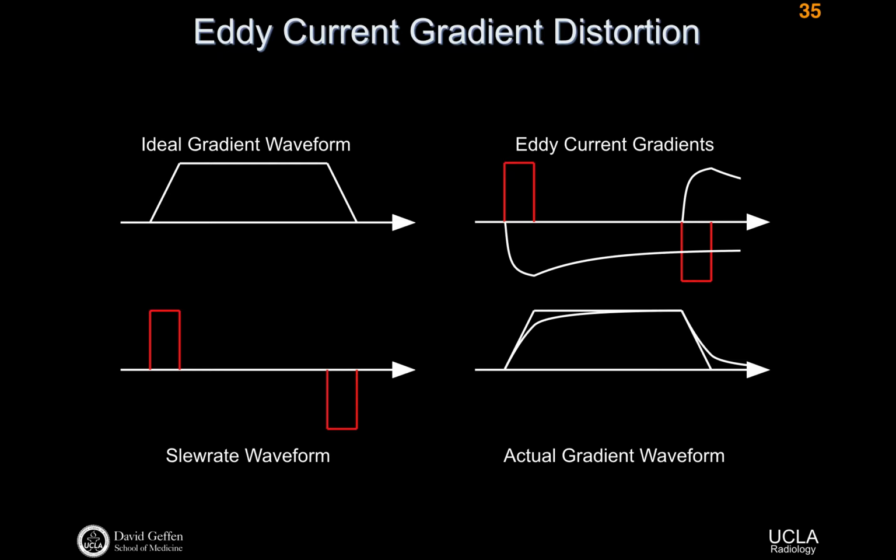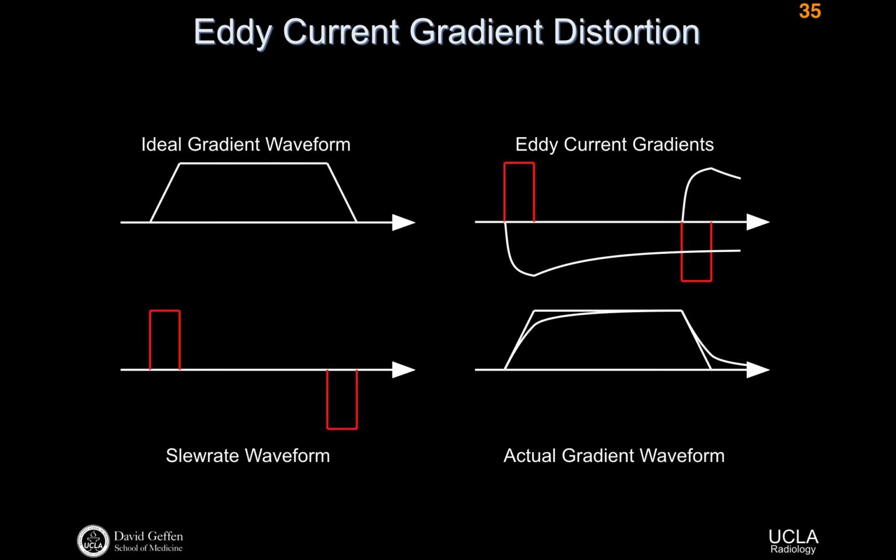So what we're imagining is that for some reason it's only this gradient that generates an eddy current. Okay? Let's not worry about gradients that come afterwards, right? And yet I still have to do some kind of readout, right? So I have a readout pre-phaser, and then this is my readout gradient. If there's something imperfect, if eddy currents cause one of these in particular, right? So let's just talk about the top phase encoding line here, right?